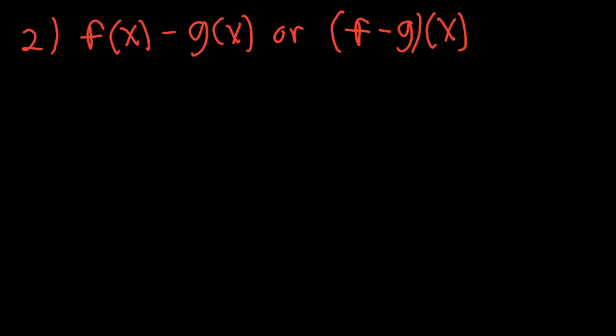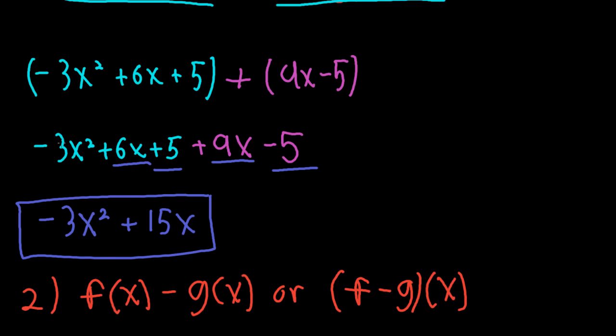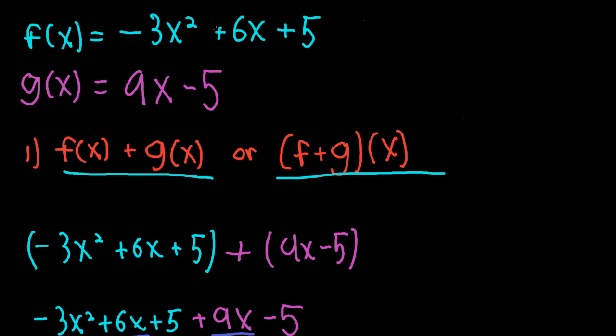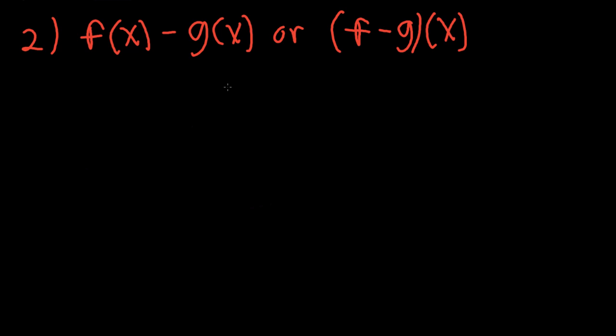Alright, so again, I'm going to start out by writing my f of x in case you forget what f of x is equal to. It's equal to negative 3x squared plus 6x plus 5. So I'll write, again, start with my parentheses, negative 3x squared plus 6x plus 5.